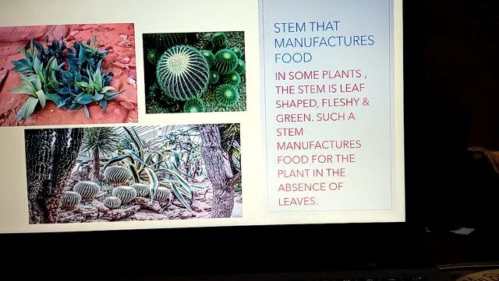The stem itself is modified like a leaf and prepares food for the plant. Examples are almost all the desert plants, like aloe vera, cactus, etc. The picture shows you the different varieties of cactus plants. These are the examples of the stem that manufactures food.